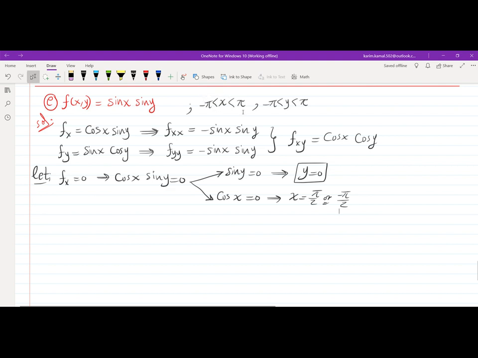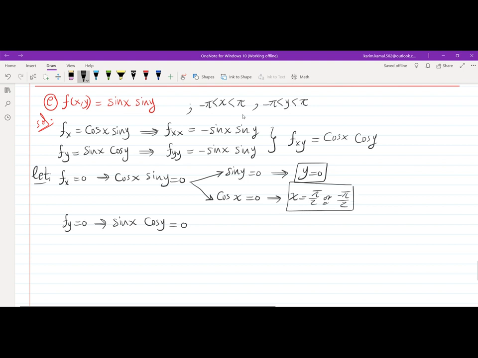And then for fy to be 0, which means that sine x cosine y is 0, we have to test what we got from the first equation for these cases.